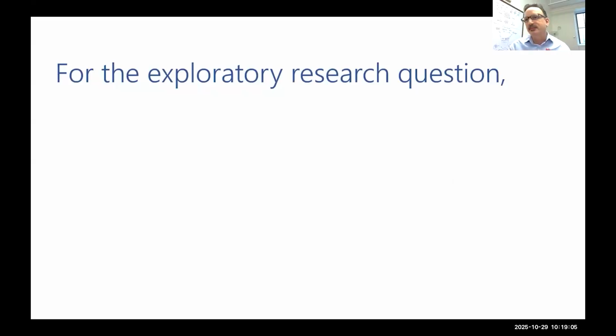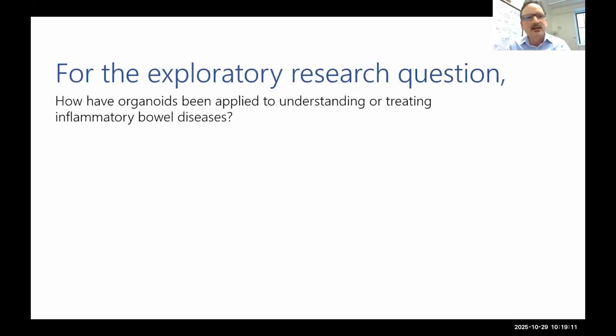So we're going to work from a sort of exploratory research question. How have organoids been applied to understanding or treating inflammatory bowel diseases? So this is a fairly unstructured search. It's really designed to see what is the landscape of the literature on this topic.